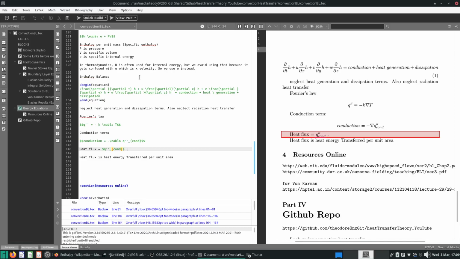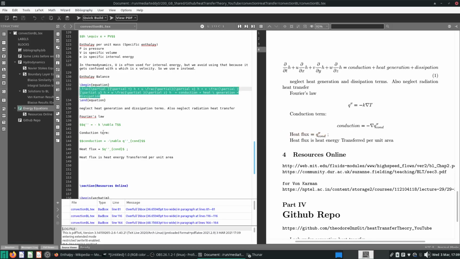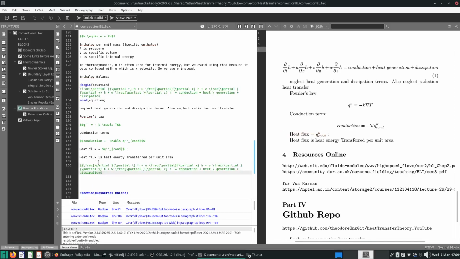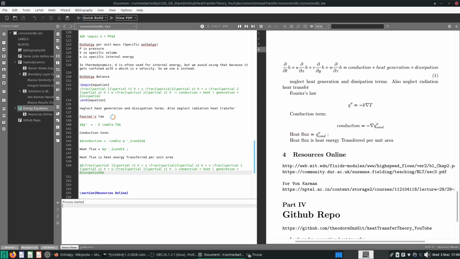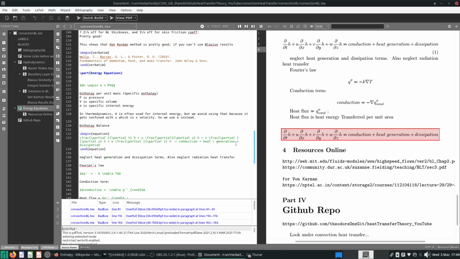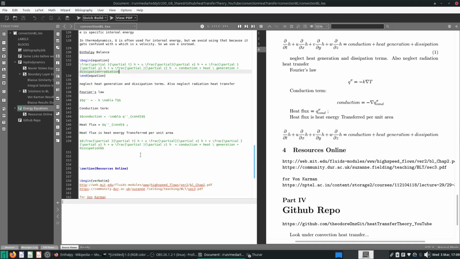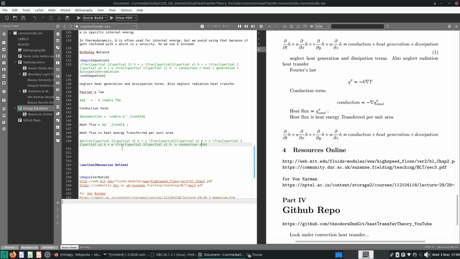Heat conduction is like that. Maybe I'll put the radiation on top.